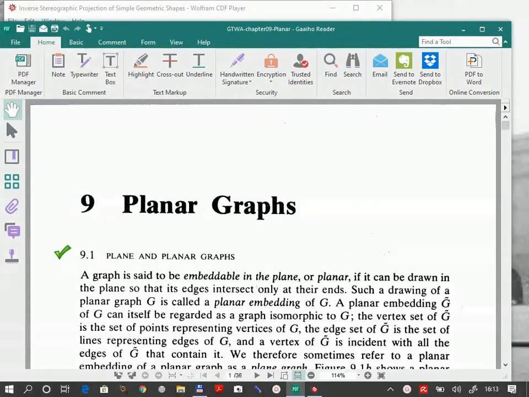E with the previous ones, F with the previous ones. So this should be the graph. Do you agree? Okay?